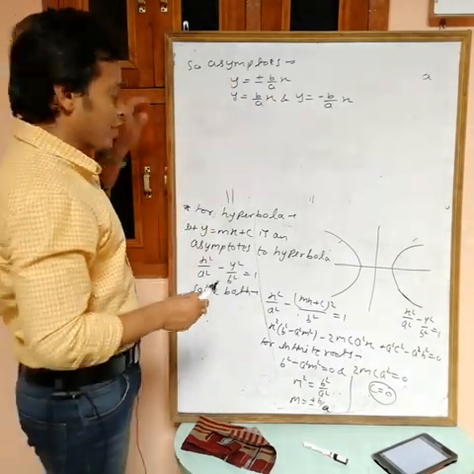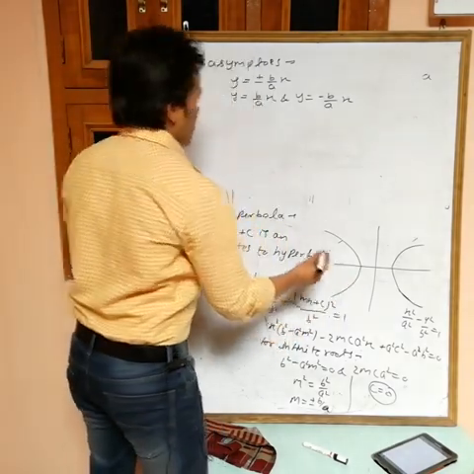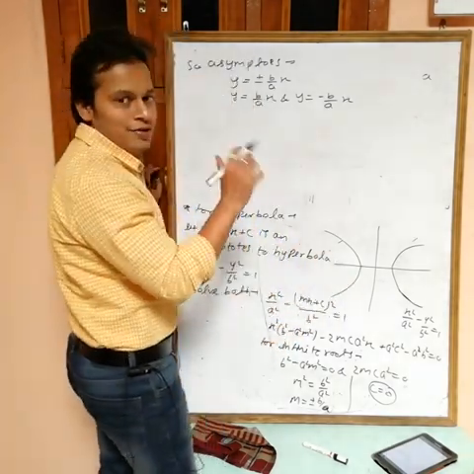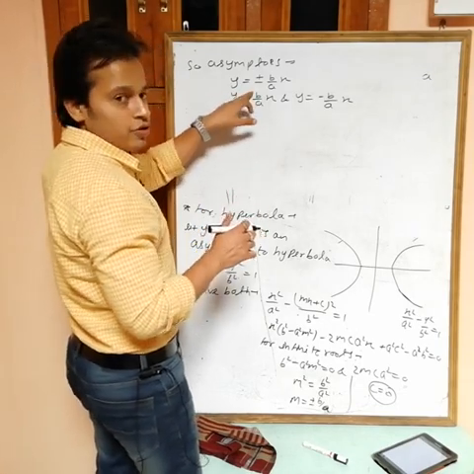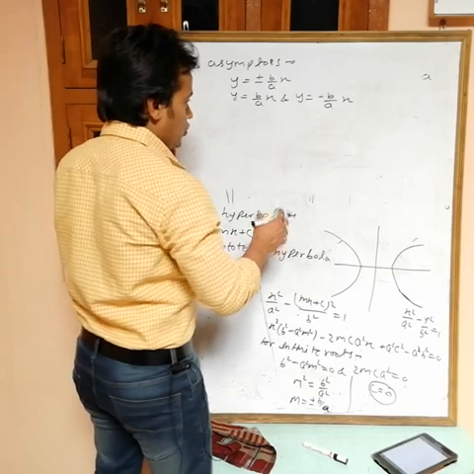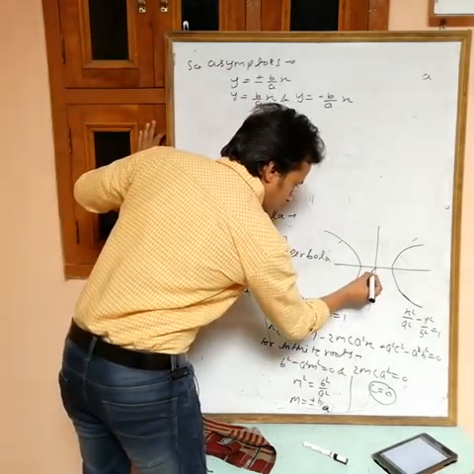If I draw y equals to mx for now, passing through the origin, y equals to b by a x, where b and a are the distances, the semi conjugate and semi transverse axes. This slope is positive, so you will get a line like this.